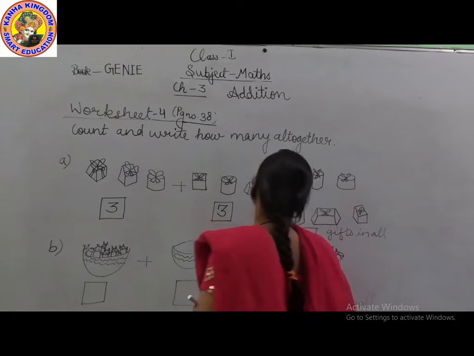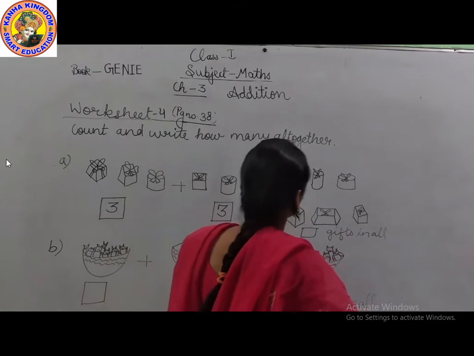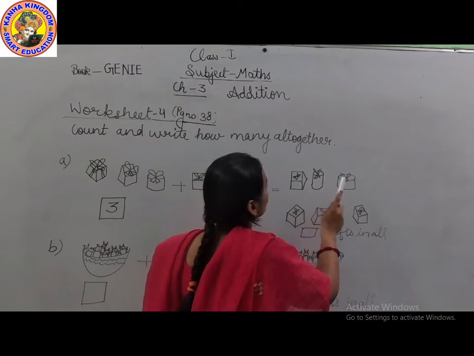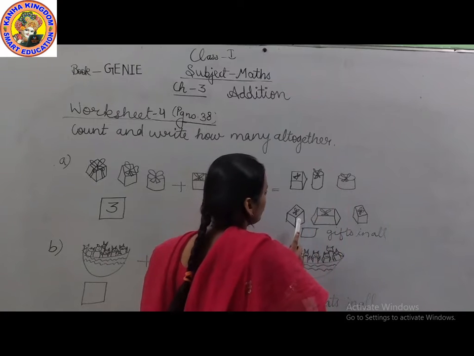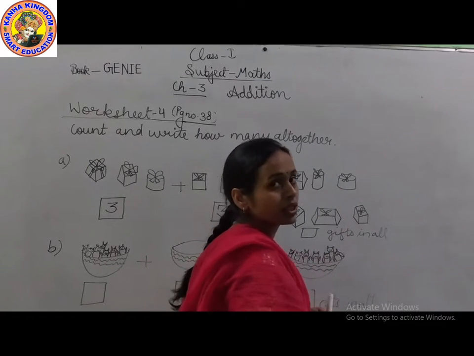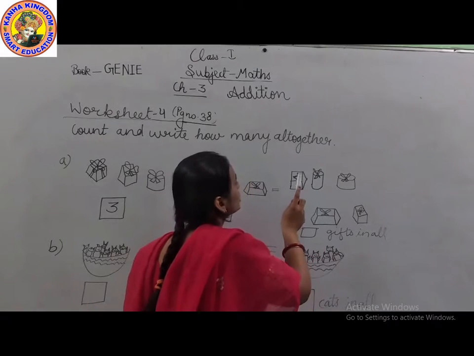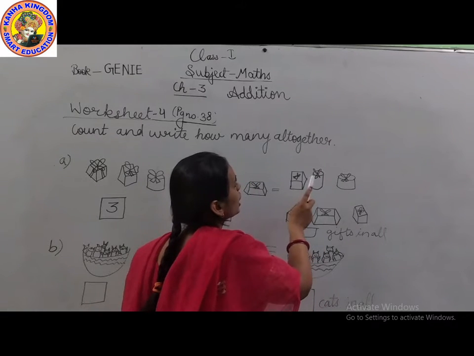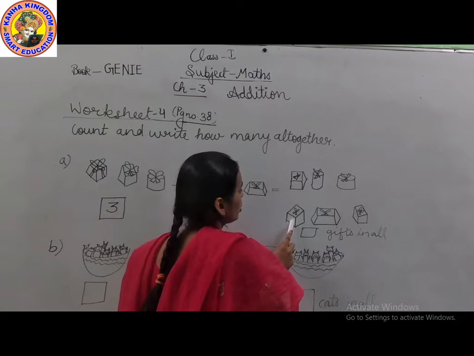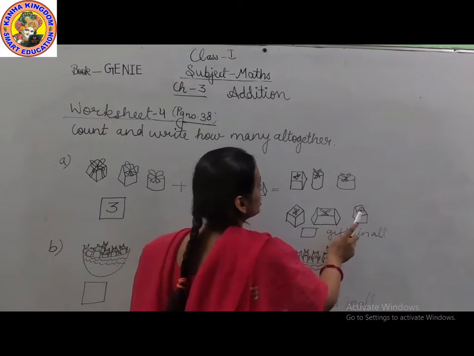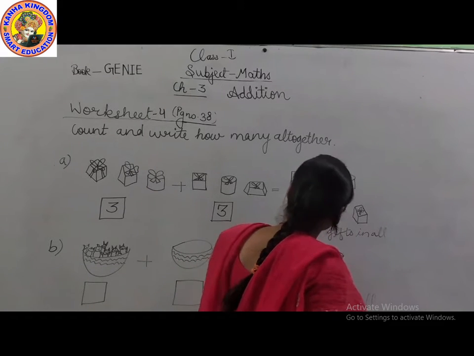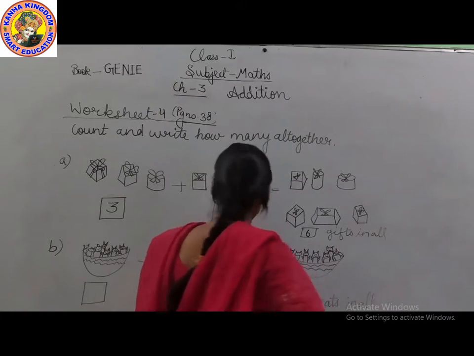How many gifts altogether? So count 1, 2, 3, 4, 5, 6. So there are 6 gifts in all.